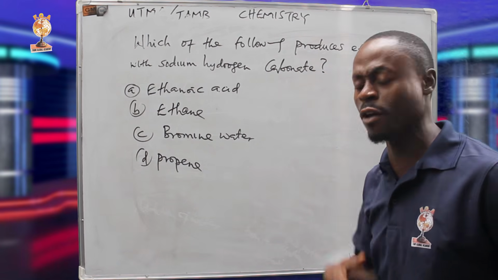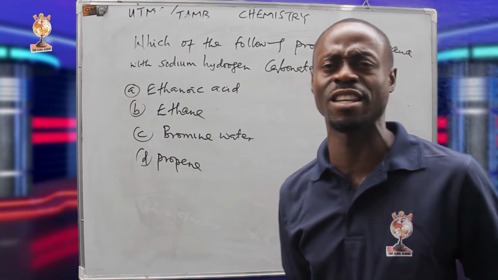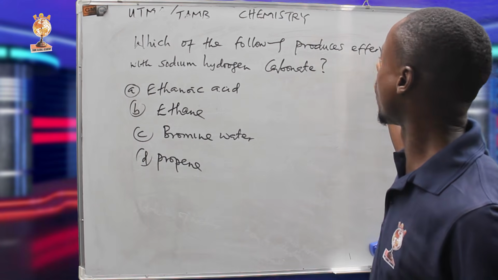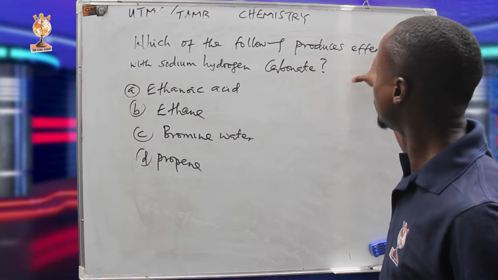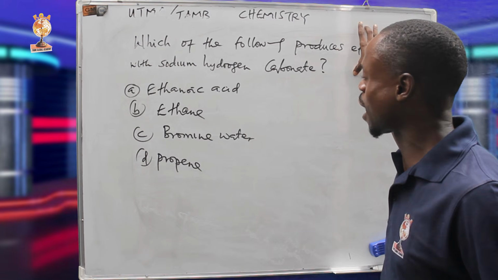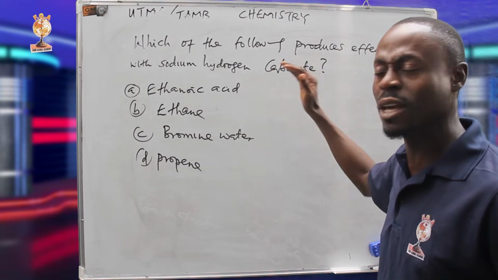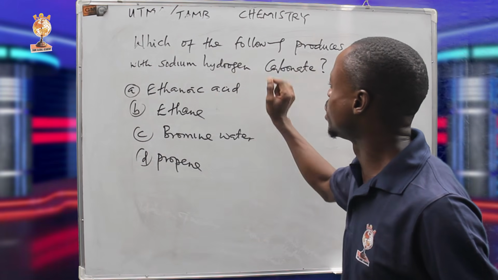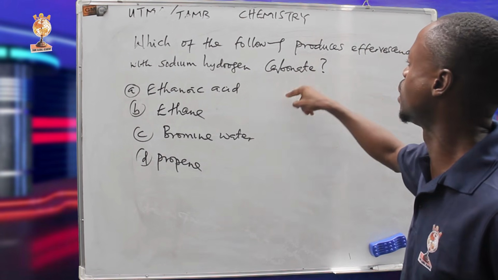Of course, the release of gases when a chemical reaction occurs is what we call effervescence. So we want to know the effervescent gas that will be given off when one of these options reacts with this sodium hydrogen carbonate.